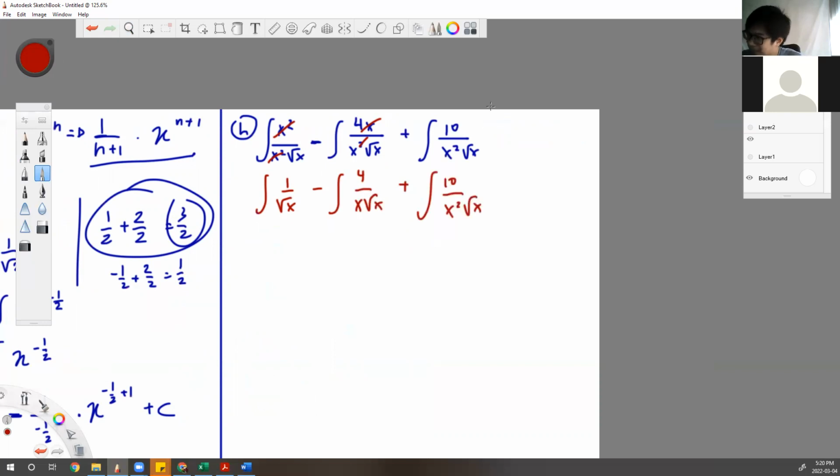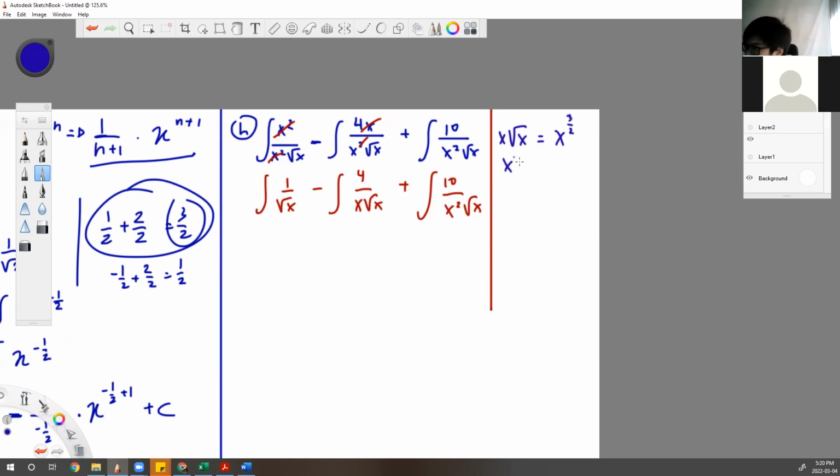On a separate part of paper, now what you need to do is focus on this x square root x. What is it in terms of power? Can you just directly find the power? What is it, Vicky? x 3 over 2. That's right.